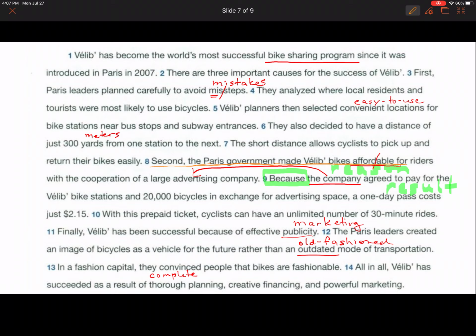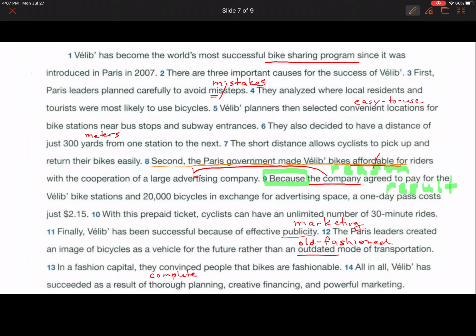The Paris leaders created an image of bicycles as a vehicle for the future rather than an outdated or old-fashioned mode of transportation. In a fashion capital, they convinced people that bicycles are fashionable. In other words, they persuaded people to believe that riding bikes is fashionable.